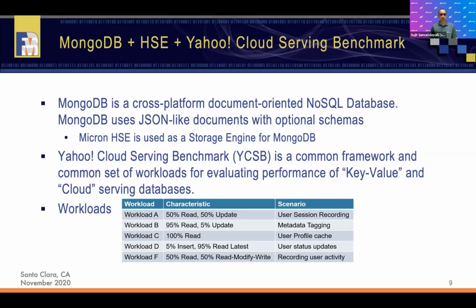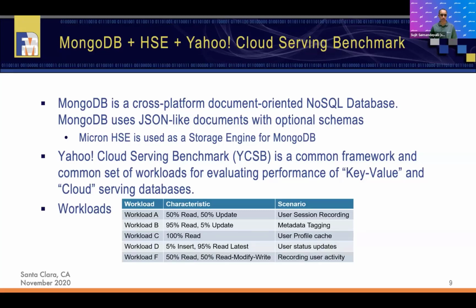Workload A represents user session recording and has 50% reads and 50% updates to the database. Workload B represents metadata tagging for a photo website, for example, and has 95% reads and 5% updates. Workload C denotes the loading of a user profile cache when a user logs into a website and has a 100% read characteristic.